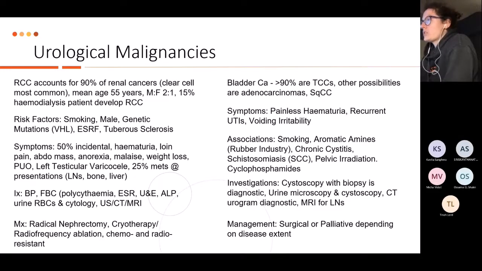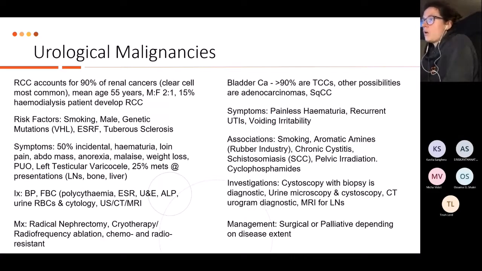Bladder cancer: transitional cell carcinoma is the most common, and you might get that in an MCQ. Other possibilities are adenocarcinoma and squamous cell carcinoma. Symptoms are similar-ish. Associations, again, smoking. Classic MCQ is aromatic amine, so if you've got a patient working in the rubber industry, think bladder cancer.